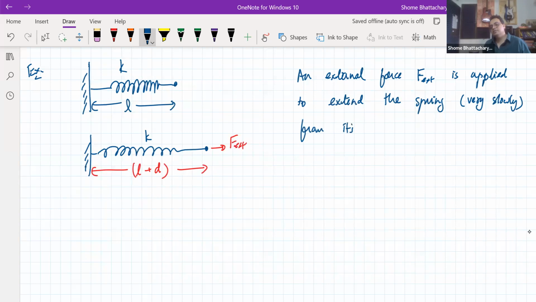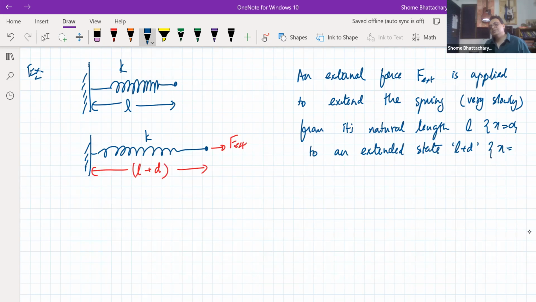From its natural length L, that is x equal to 0, to an extended state L plus D. So at that point of time, the extension becomes D. So find the work done by the external force in the process, and the change in potential energy of the spring in the process.